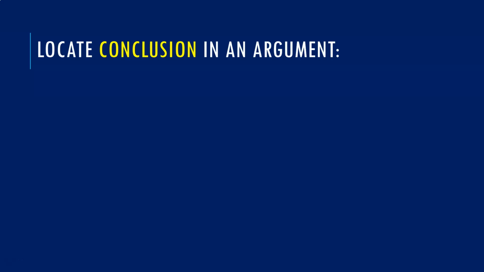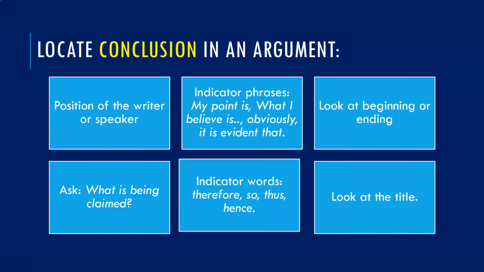So now, how do we locate conclusions in an argument? First, we look at the position of the writer or the speaker. Where do they stand? How do we know that? We look at indicator phrases: my point is, what I believe is, obviously, it is evident that. Right after that, they're going to tell you where they stand.